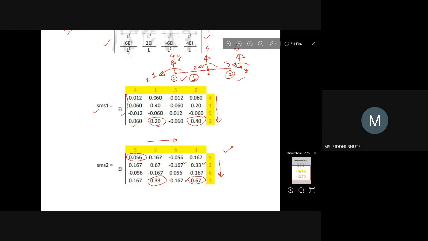After finding out the SMS matrix, we have done the same in the truss. Same method, same steps are there.